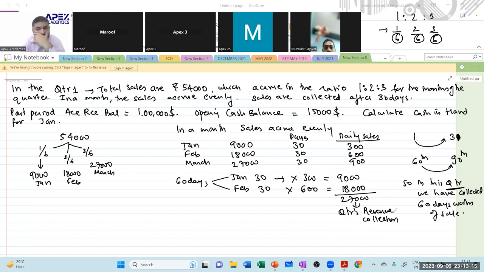You are collecting after 30 days. So on the 90th day, how many days worth of sale have you finished collecting? 60. If you are collecting the 60th day's sale, then you would have collected 1 to 60 days. So how many days have you collected? 60 days.